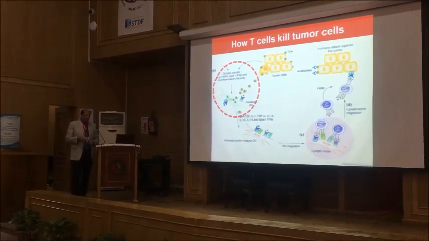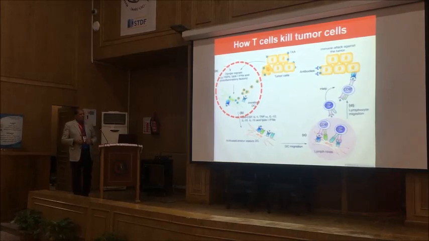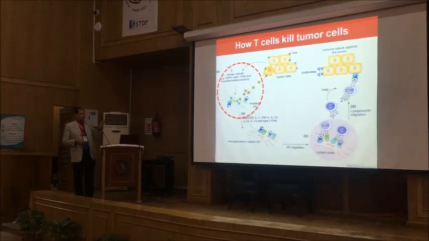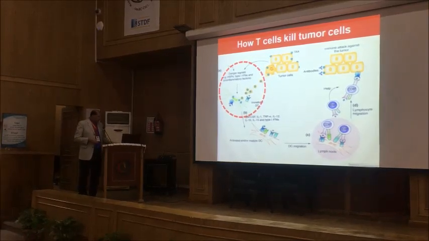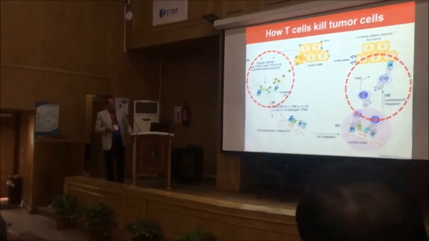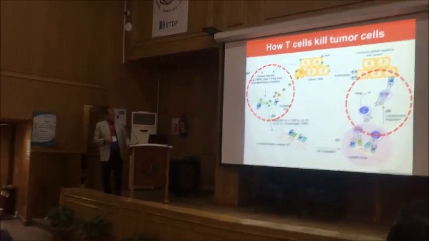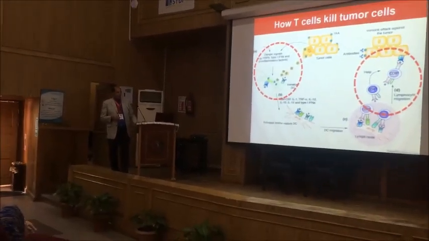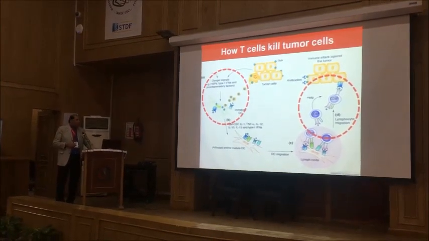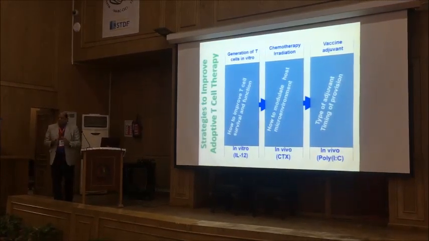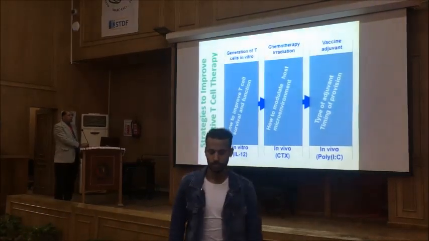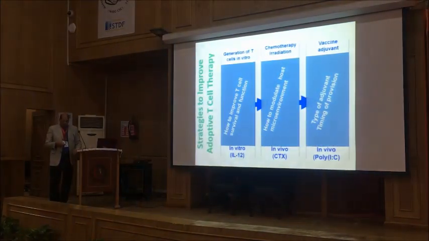And after generation, we add the tumor antigen in vitro before vaccination. This is one approach. I'm not going to talk about this today. The other approach is how to manipulate CD8 cells, especially, to be more effective at attacking the tumor cells specifically. Taking these two pathways into consideration, we decided to work on 3 pathways, or 3 concepts.